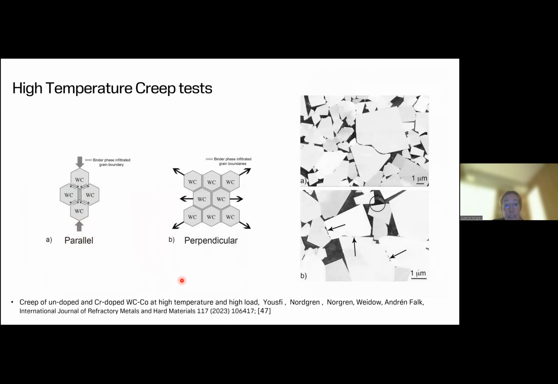And what we think is that the mechanism that is causing the creep is actually this lamella formation and the grain boundary accommodation. We found the same phenomena with the increase in growth of the tungsten carbide grain perpendicular to the loading direction, and thus a decrease parallel to the loading direction.